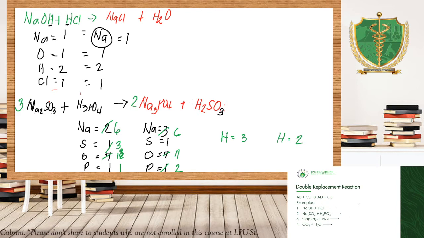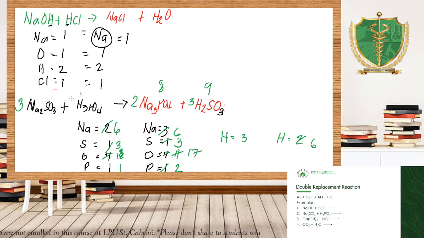Okay? So, the same. Magdagdagan dito ng 3. Okay? 3 times 2, this will become 6. 3 times 1 becomes 3. 3 times 3, 9. 2 times 4, 8. 8 plus 9, 17.